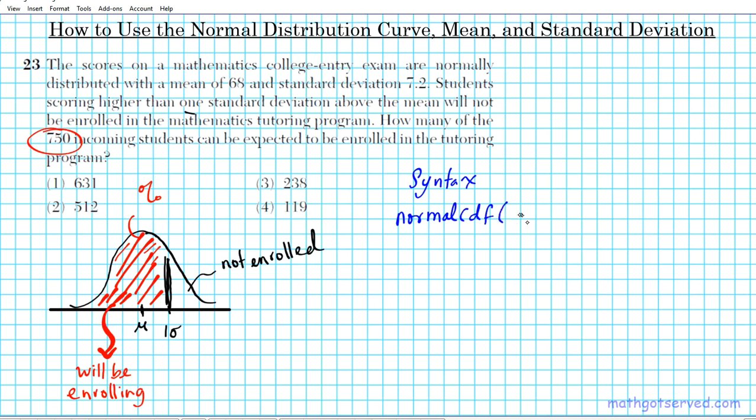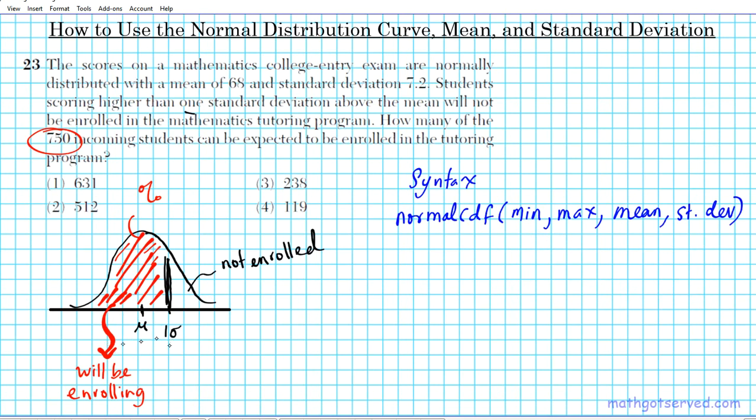So normal CDF, we're just going to enter the minimum value, the maximum value, the mean, and the standard deviation. It will return the percentage of the population that falls in that bracket.